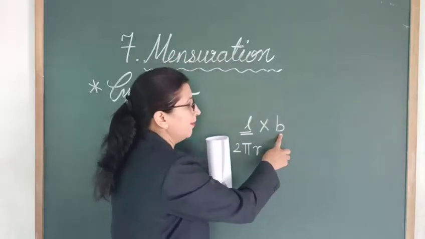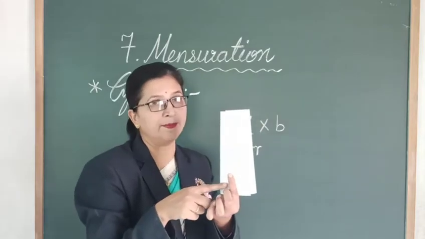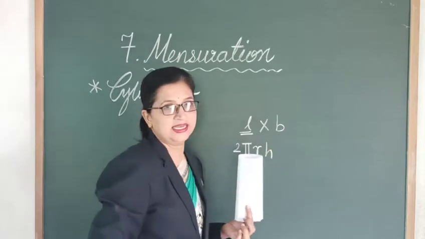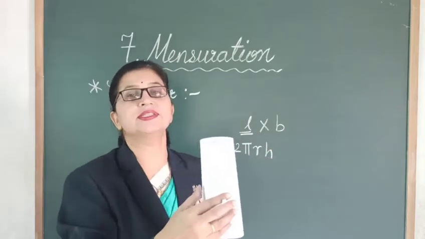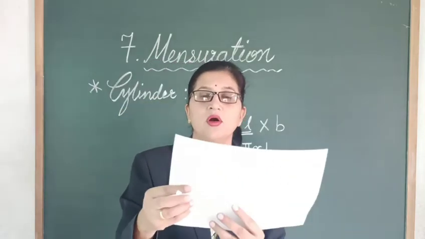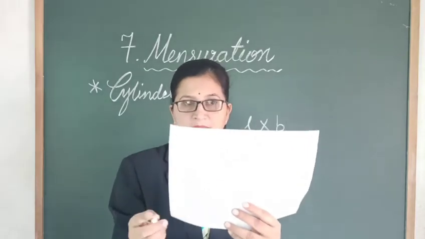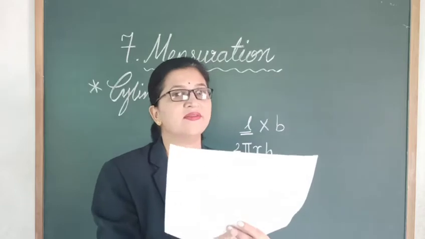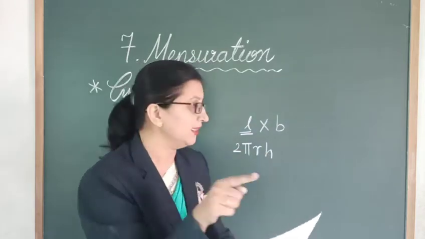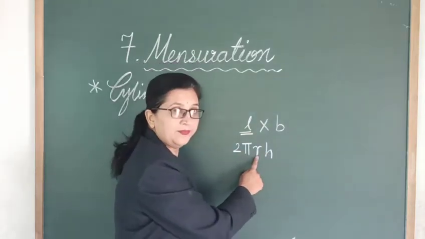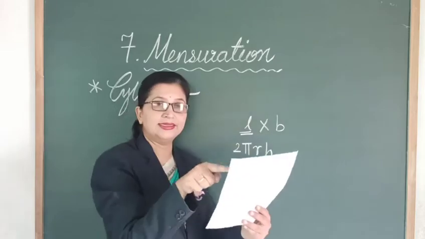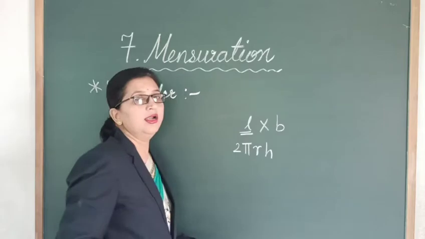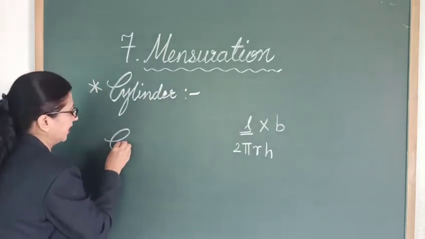So dear students, in this way we got the area of this rectangular paper, that is length into breadth. But in terms of the cylinder, we can say the length is 2 pi r and the breadth is the height. So in this way we got the curved surface area.